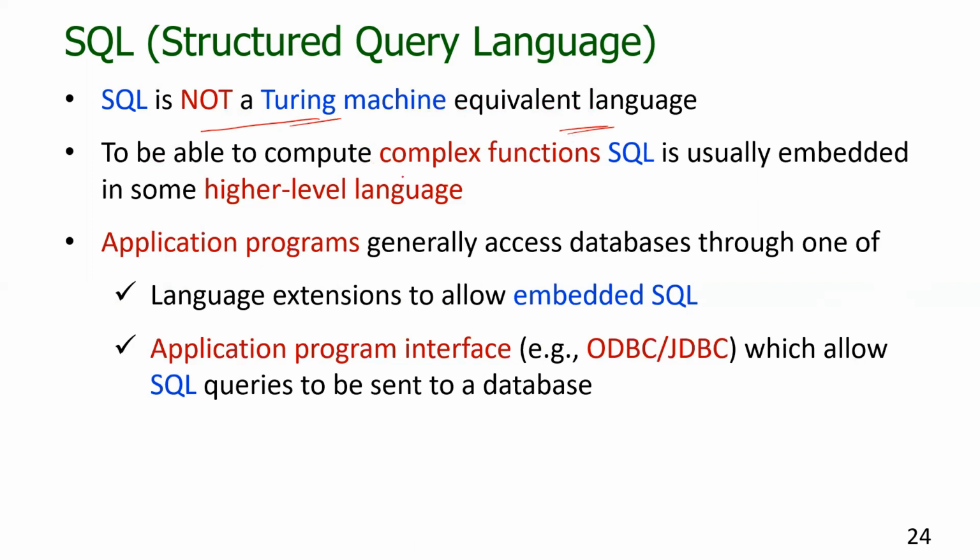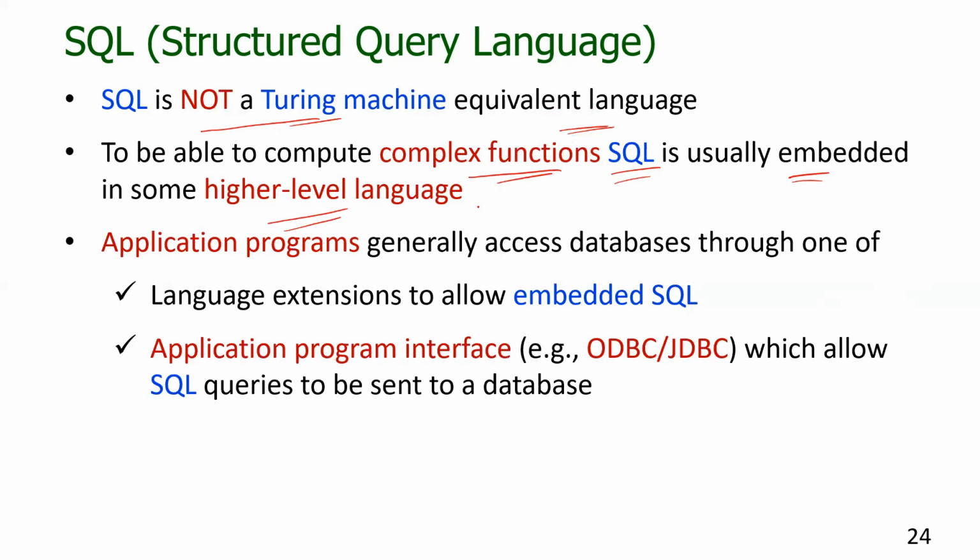So to be able to compute complex functions, SQL is usually embedded in some high-level programming language. Like in an earlier semester, you studied object-oriented programming using Python, and in the last unit on databases, we already demonstrated how a database is used in Python programming.